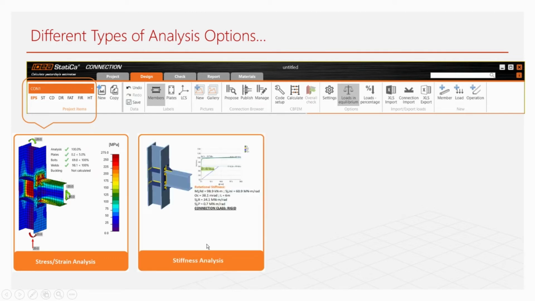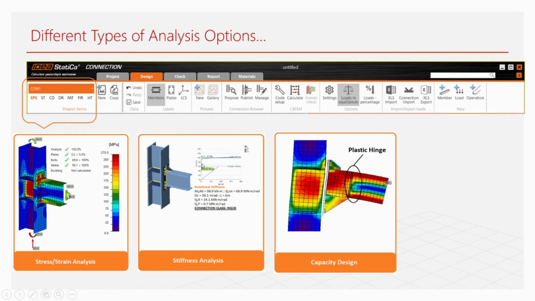Then there is a stiffness analysis wherein you can check whether your joint has sufficient stiffness or rigidity, and thereby you can classify your joint into rigid, semi-rigid, or pin joint. So this stiffness analysis option is available in Idea Statica.